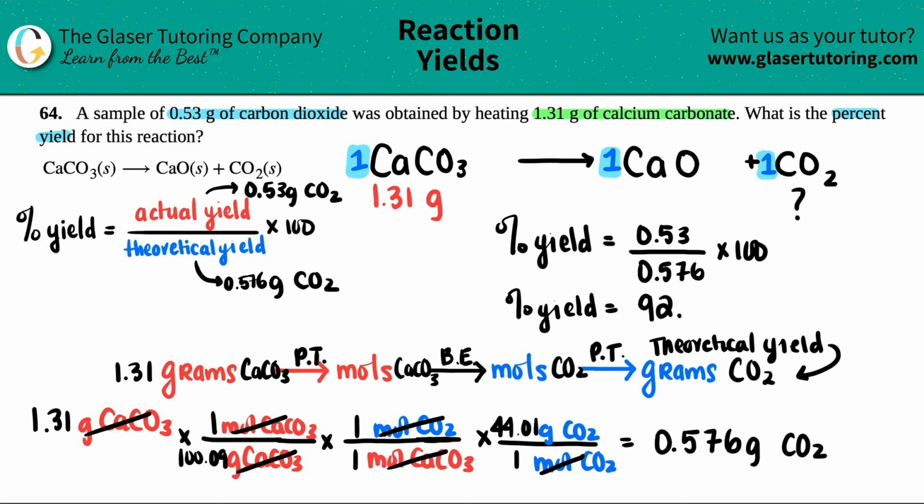So 92%. And we could think about a percent yield like a grade on an exam, right? The best percentage we could have gotten was 100%. That means that there was no error. But there's always going to be error doing experiments. Nothing we can do about that. So 92% is a really good percent yield. So kudos to this person.